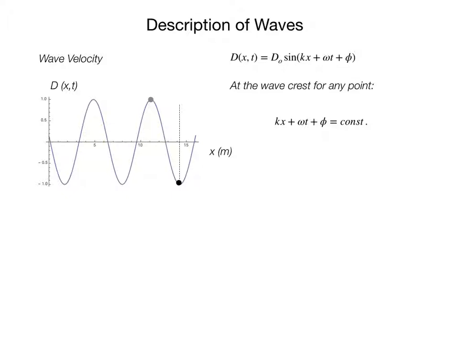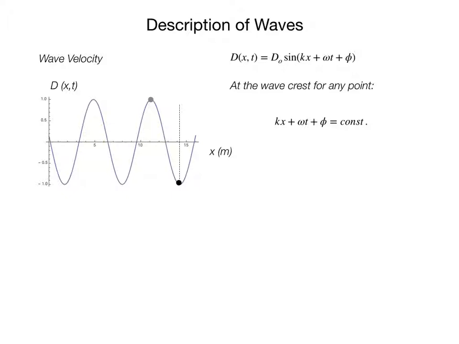Just think about it. If one point at the crest has some value of kx plus omega t plus phi equal to 5 or 10, a little bit later its neighbor will become the crest. It will have the same displacement, which means that the next moment the neighbor has the same argument as the original particle.